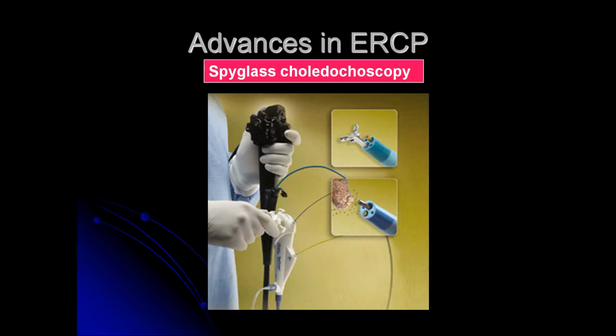In spyglass cholangioscopy, the fiberglass spyglass attaches to the biopsy channel region so that we can have a reasonably good view of the bile duct, and it has smaller accessory channels through which we can pass a laser beam or even a small forceps to take a biopsy. So it makes the investigation and treatment of any biliary and pancreatic disorders very exciting.